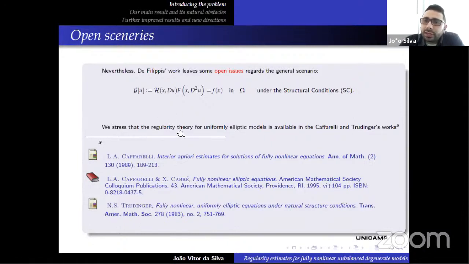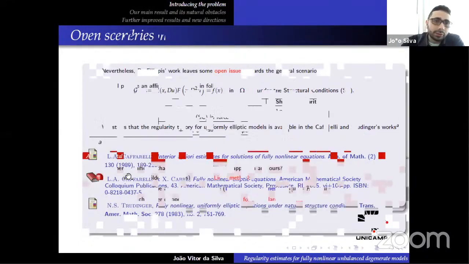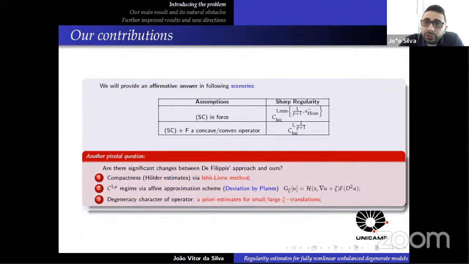Concerning the regularity theory for the uniformly elliptic case, when this vector field is identically 1, we have the classical Caffarelli and Trudinger results in these articles and book. Then our goal is to prove the sharp regularity for this class of problems.